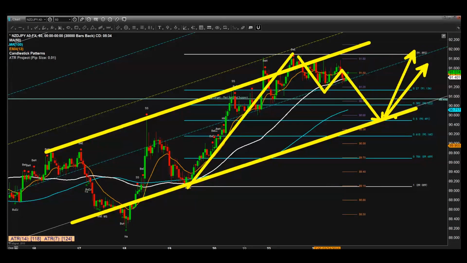Let it come all the way to 90.80. Maybe look for the first bounce around 90.50. That's the level that I want you guys to pay attention to on that NJ. Okay? Just Mel, this is what I am measuring from this low, I'll tell you right now, to this high.